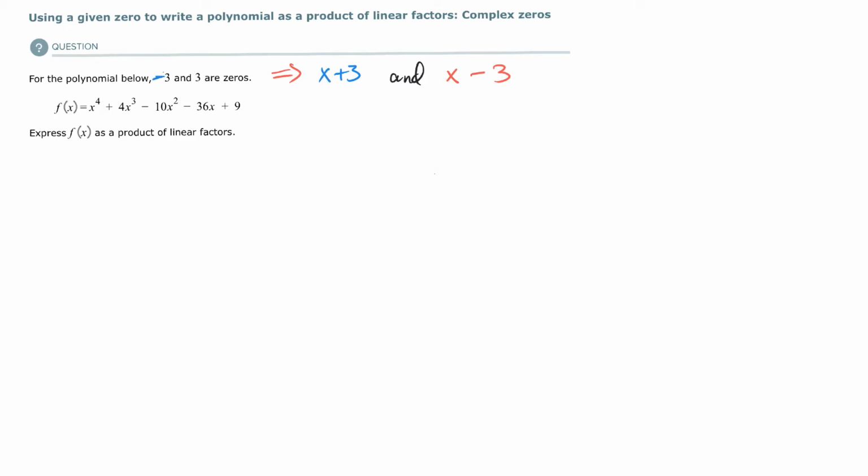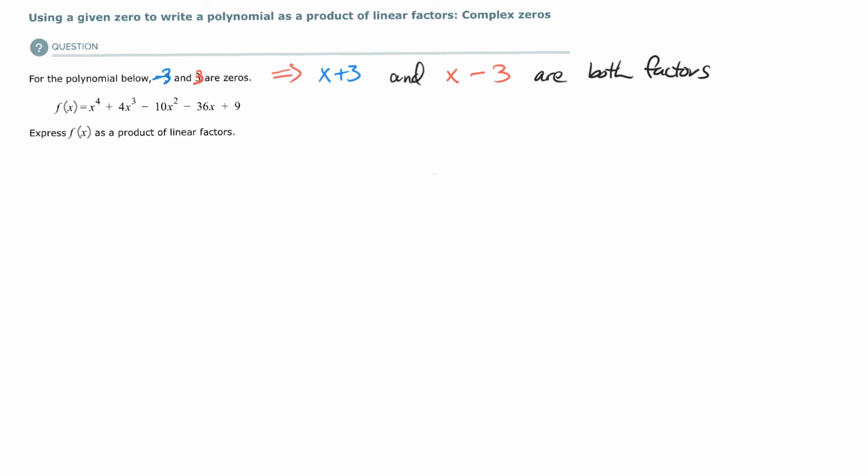Those are both factors of the polynomial f of x.